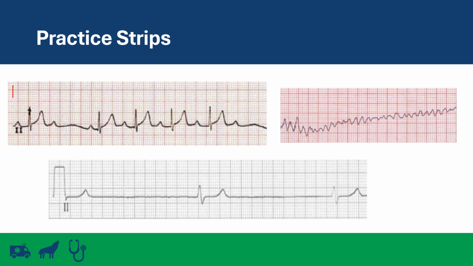So I am looking at rate, it is around 50. The rhythm is irregular. We should have a QRS complex here. Looking at my P waves, I already see a naked P wave right here. The PR interval, this is a tricky one. It almost looks like the PR interval is the same.